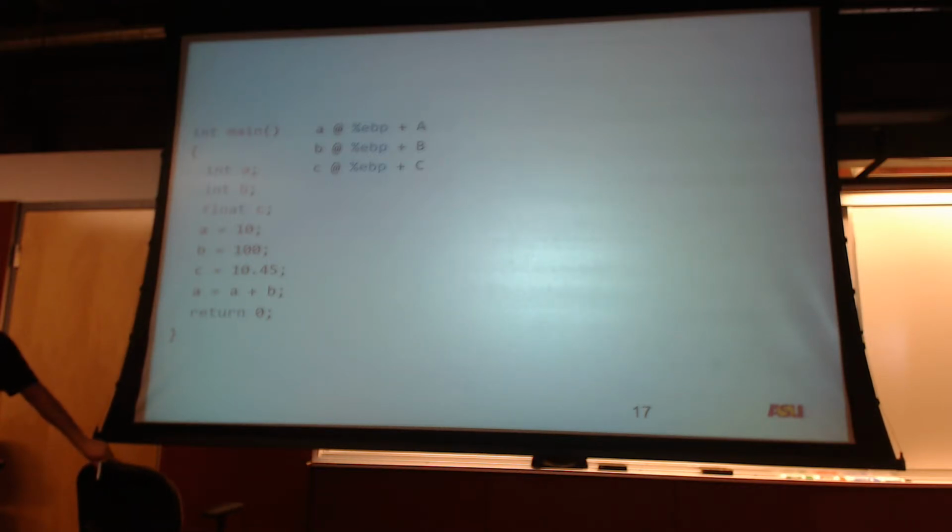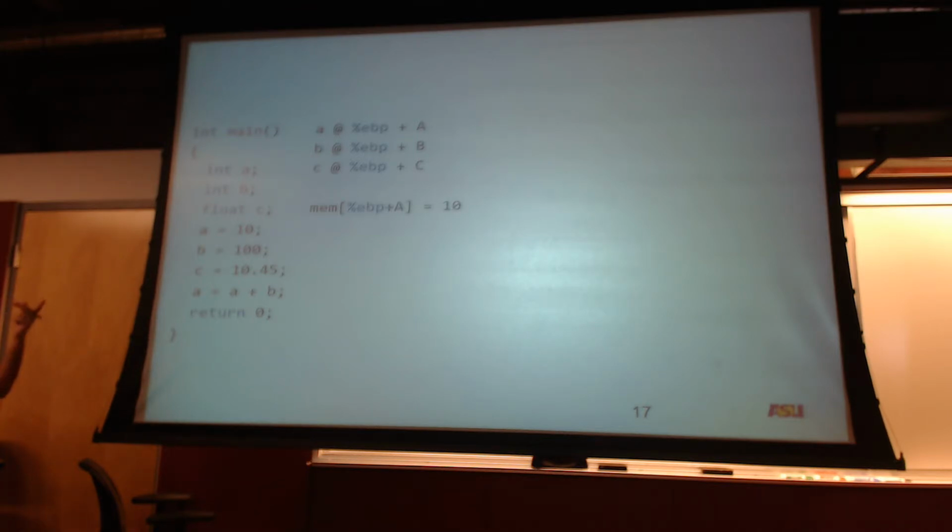It doesn't go there. It goes into the stack. Which location in the stack? EBP plus A. Remember, EBP was our frame pointer. So now this is the stack. Starting from EBP, whatever we have is the stack for main, the main function stack. So you put 10 in EBP plus A. So 10 goes into the stack memory.